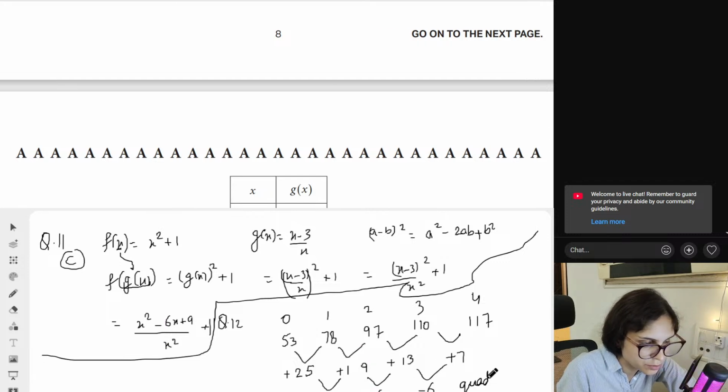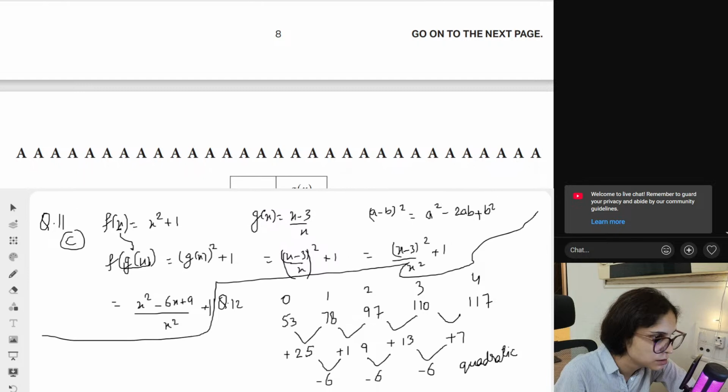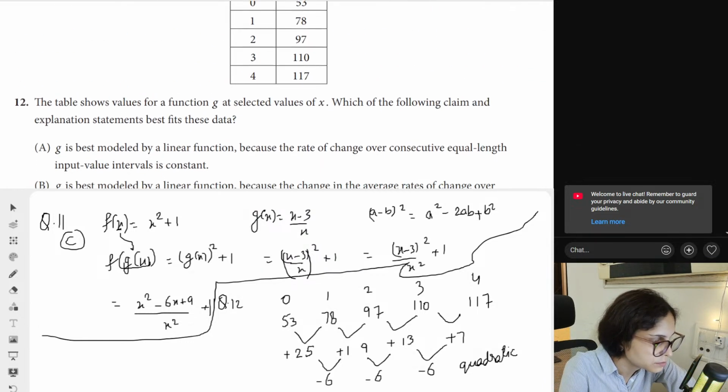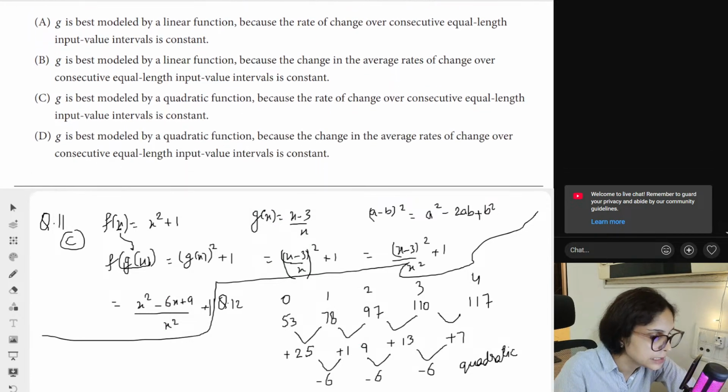So this is quadratic because the second successive differences are constant. Okay, so it has to be quadratic. So the linear options get cancelled. So option A and option B are gone, option C and option D remain.